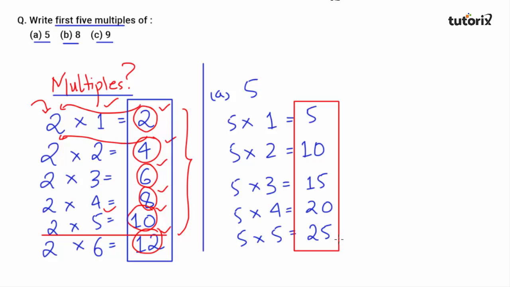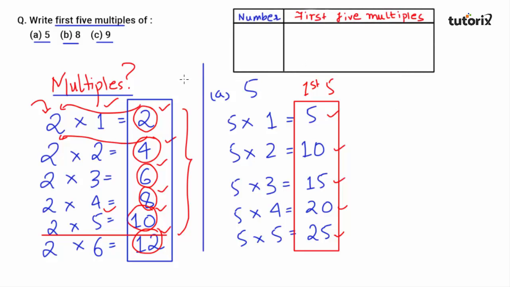The multiples of 5 are 5, 10, 15, 20, and 25. And since we have multiplied from 1 to 5, we know that these are the first 5 multiples. So, to answer the first part of the question, the number here is 5 and its first 5 multiples are 5, 10, 15, 20, and 25.